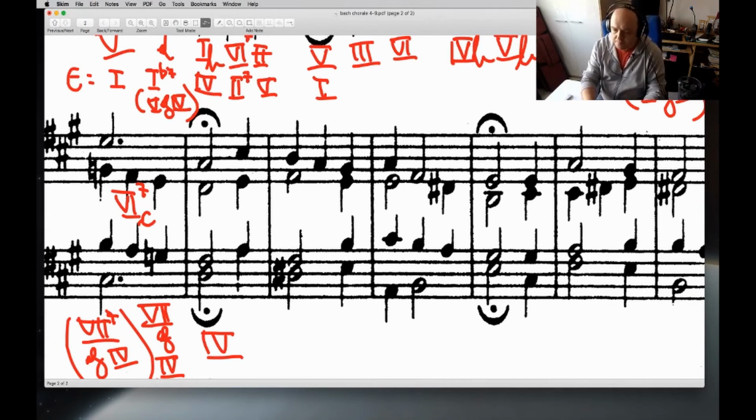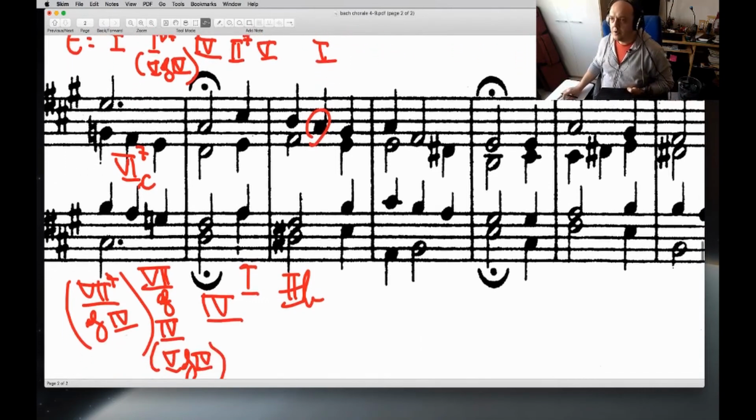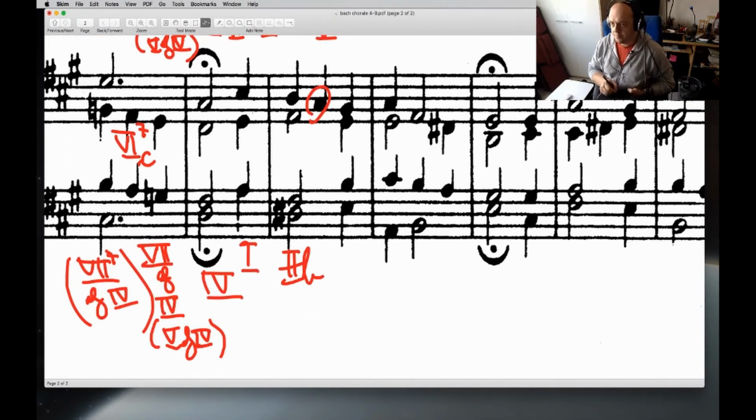Harmonization. We get chord 1 here. This is 2 chromatic in first inversion with passing 7 there. 2 chromatic, which functions as 5 of 5.